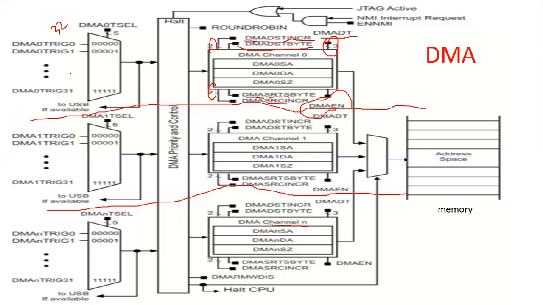These 32 triggerings are selected by using DMA 0 T. T means trigger selection. How many bits are used? 5 bits are used to select these 32 triggerings. Okay, that is the use. And if USB is available here, you have to connect it to the USB also.